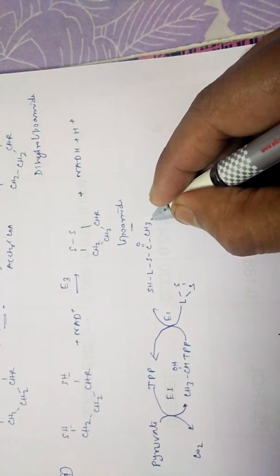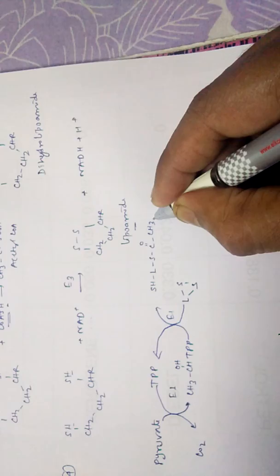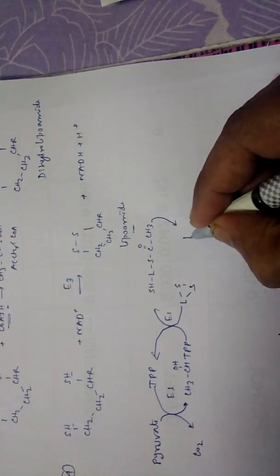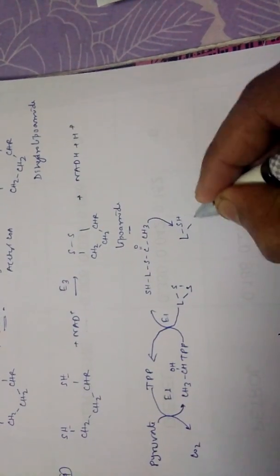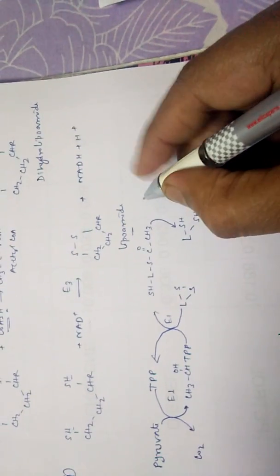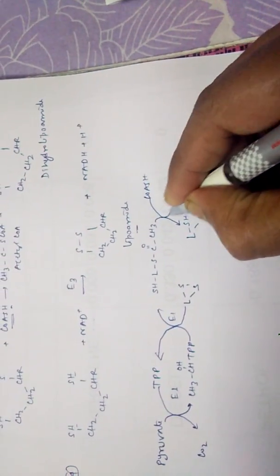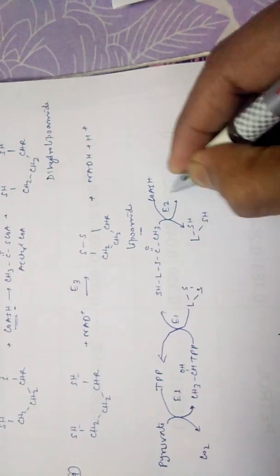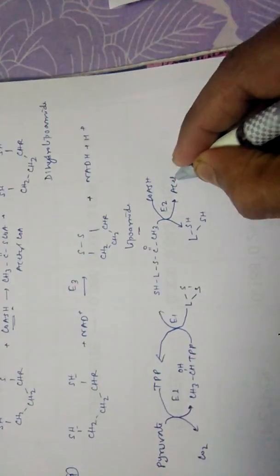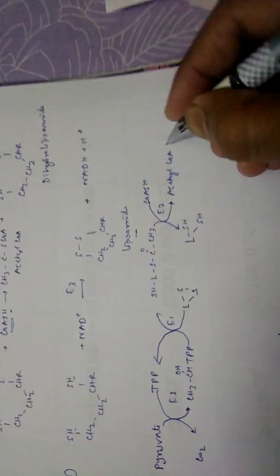This acetyl lipoamide can be converted to dihydrolipoamide when we are using CoA in the presence of E2 enzyme to get converted to acetyl CoA.